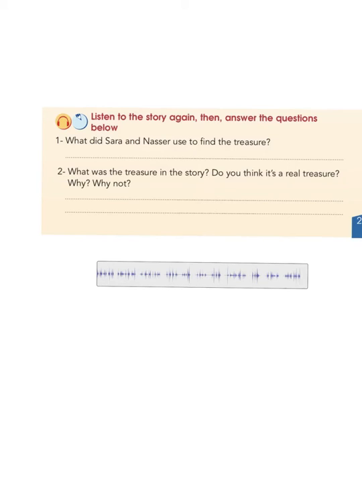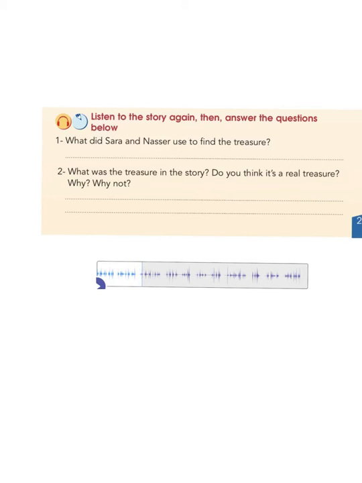Focus, please. Unit 7. An Arab Invention. Pages 2 and 3. Exercise 1. Listen and read. Nasser, can you help me with my homework, please? Yes. What are you doing? I'm drawing a treasure map of the garden.